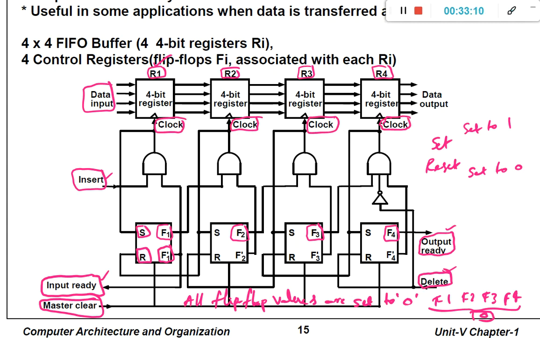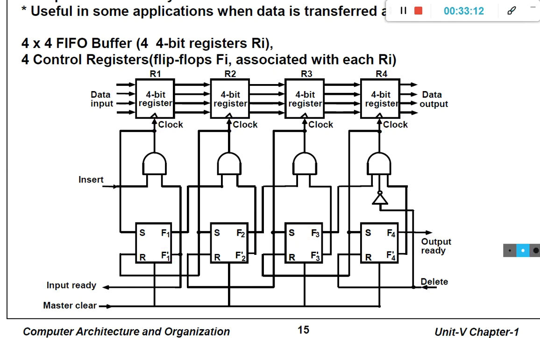Now let us see how the operation is carried out. The operation is carried out based on the value of F1, because F1 is the control function here. If F1 is set to 0, then there is no data in register R1.